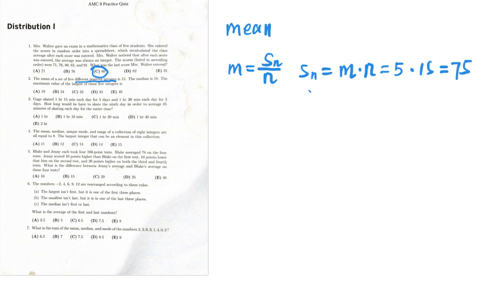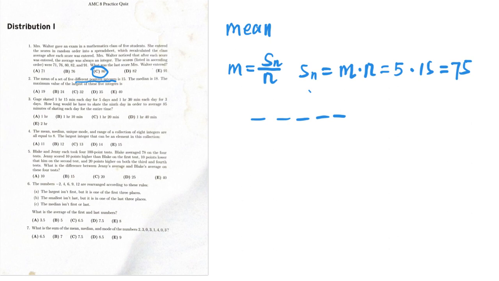In this, the 5 different numbers, the median is 18. So here we have 5 integers.